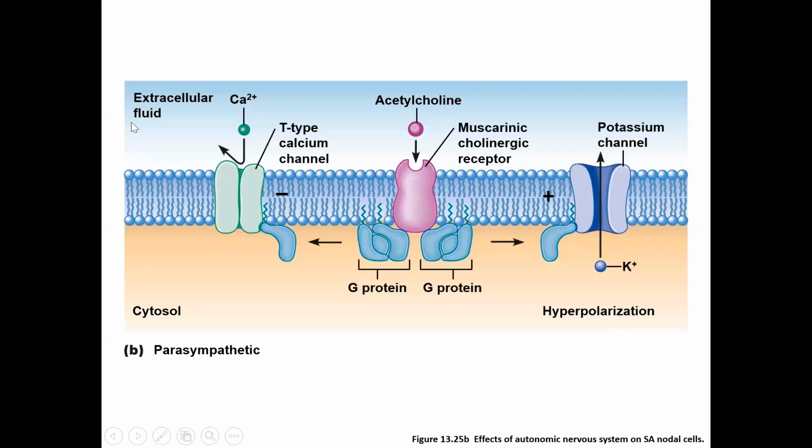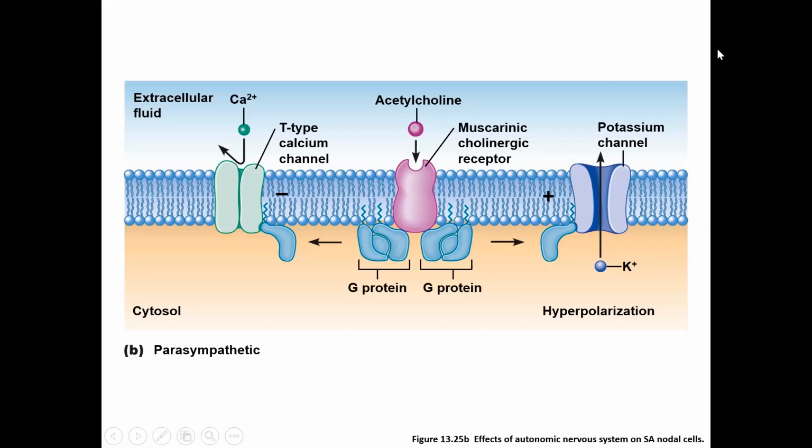So here's a schematic that shows that sequence of events. We've got our T-type calcium channels. If they're closed, calcium cannot enter, so we're making it hard for a depolarizing event to take place. Likewise, we have potassium channels that are open, and they're going to be pushing potassium out, which will also make it hard for a depolarizing event or stimulate a hyperpolarizing event.